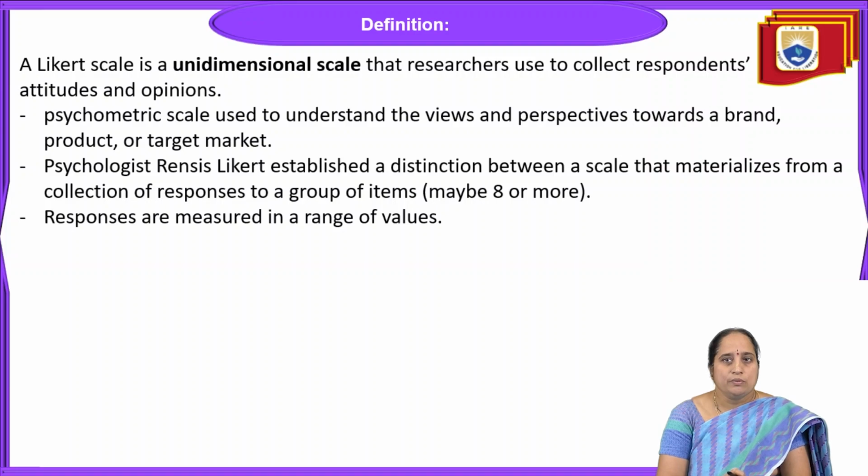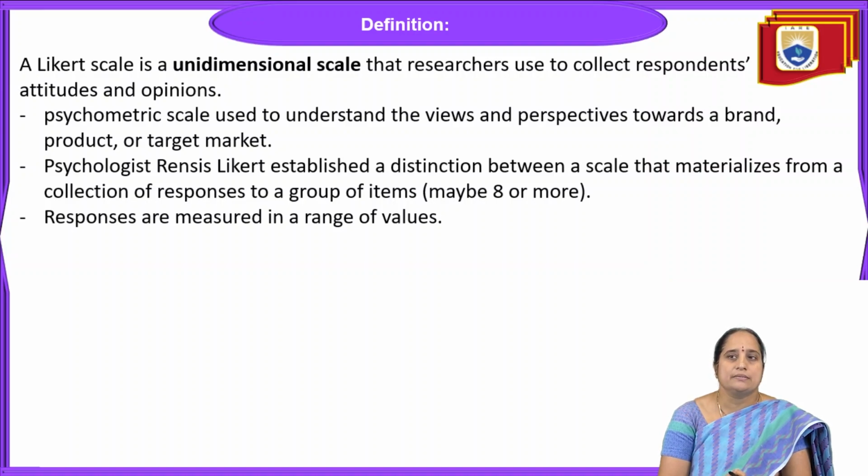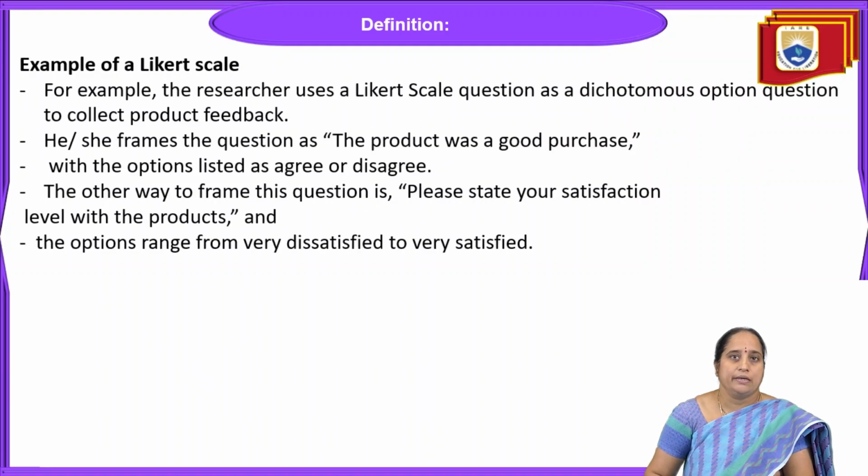It was established by Rensis Likert, and he identified a distinction between a scale that materializes from a collection of responses to a group of items. These responses are measured in a range of values, and they may be 8 or more.